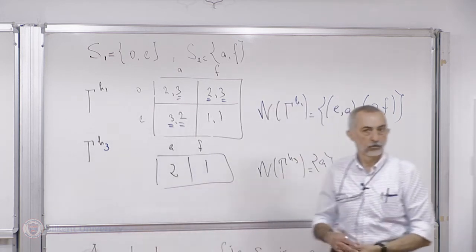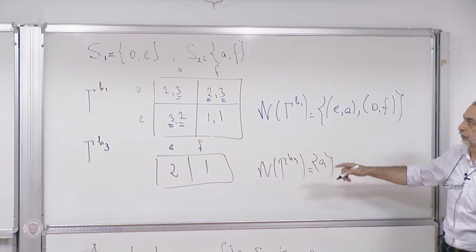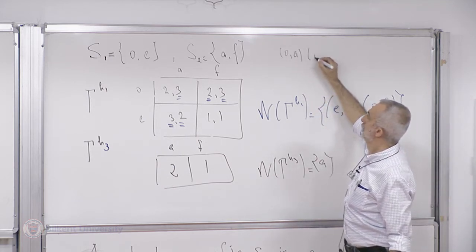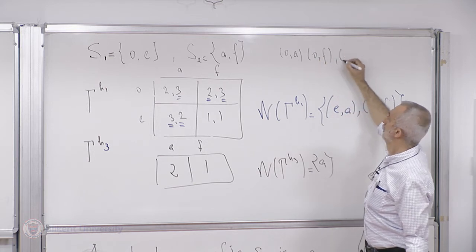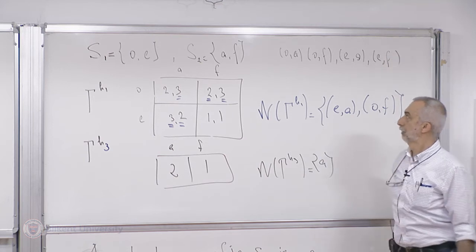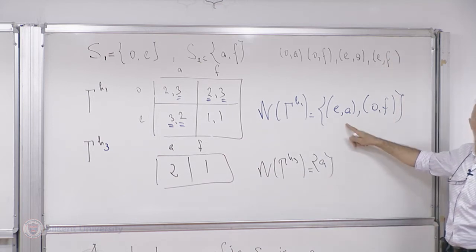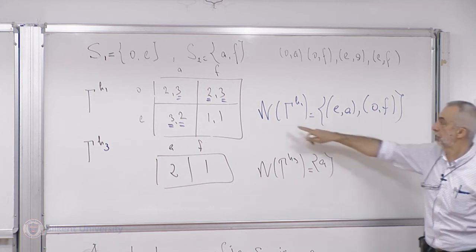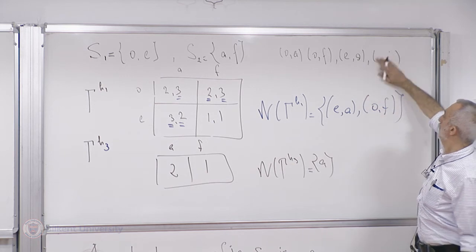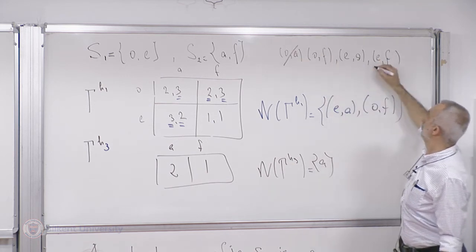So the strategy profiles we have are O, A, O, F, E, A, E, F. So the only 2 strategy profiles which satisfy this condition, which are elements of this set, are E, A and O, F, so we rule out the others.